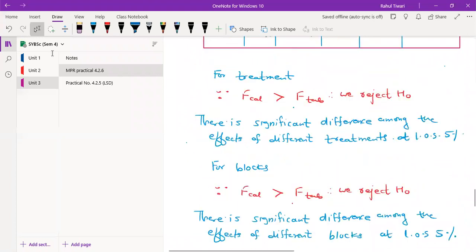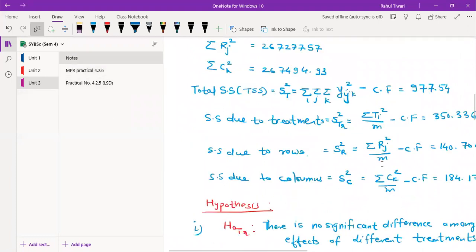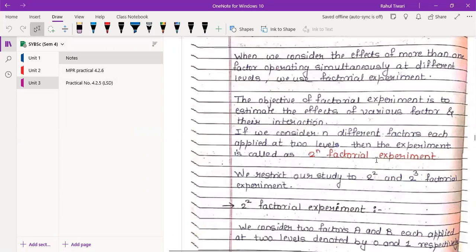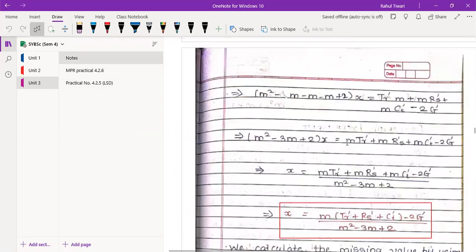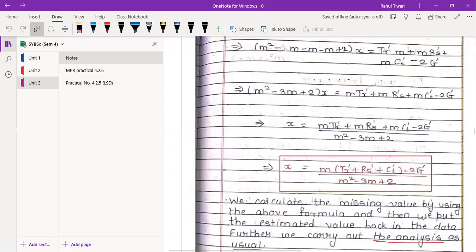If you want, you can write it as usual, as given in theory. So like the statement, T dash, R dash, rows and column.